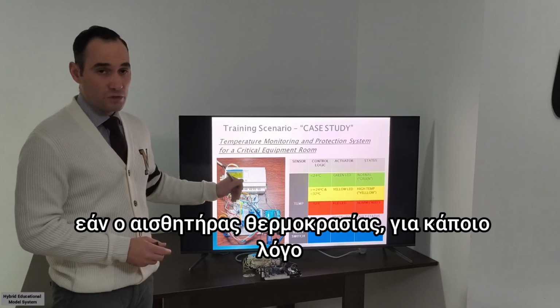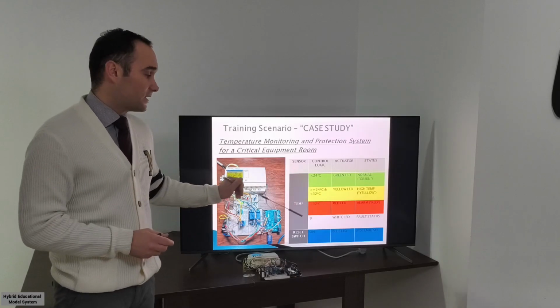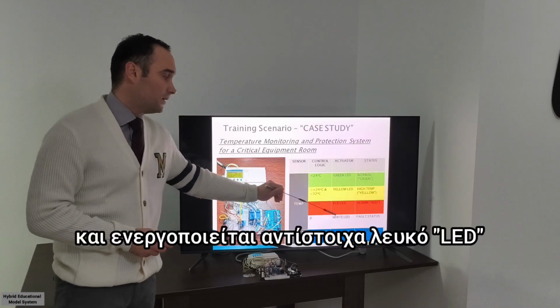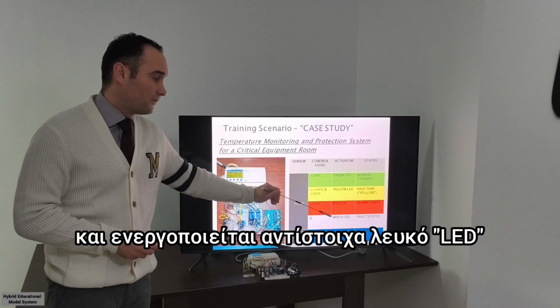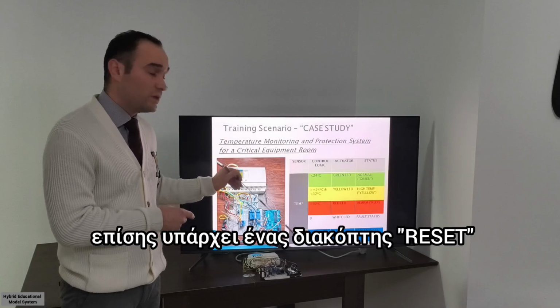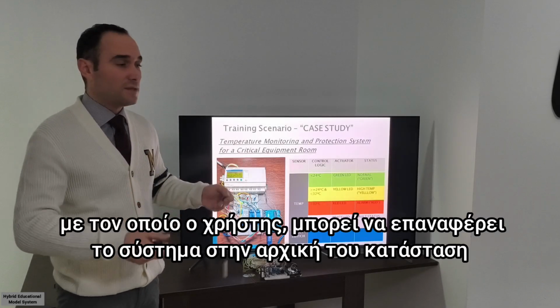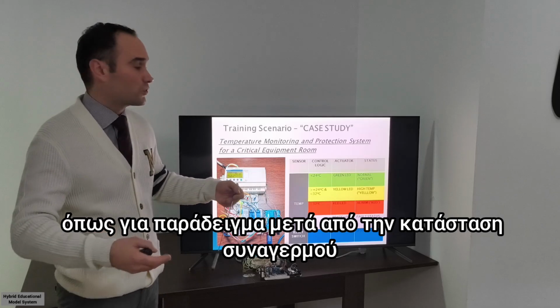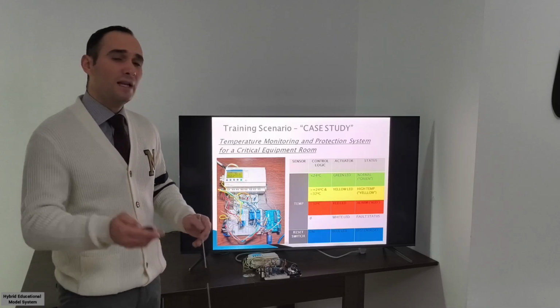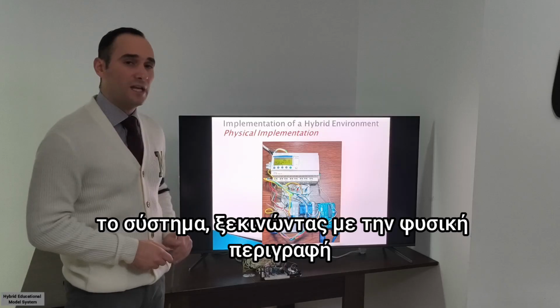If the temperature sensor for some reason doesn't read values, we have a fault status, and we're going to have a white LED in our system. Also, we have a reset switch with which the user can reset the system, for example after an alarm status, so we can work again in the normal status. Let's see together and start with the physical implementation.